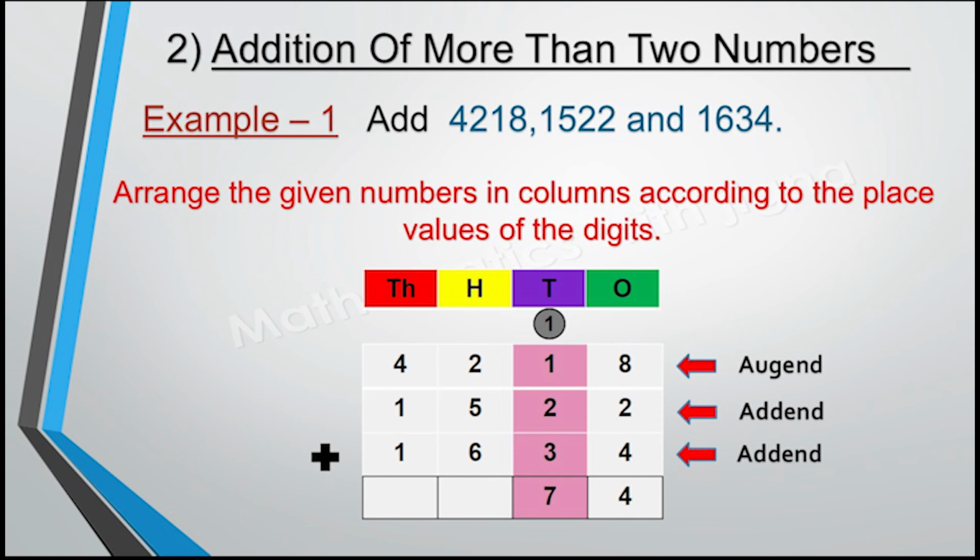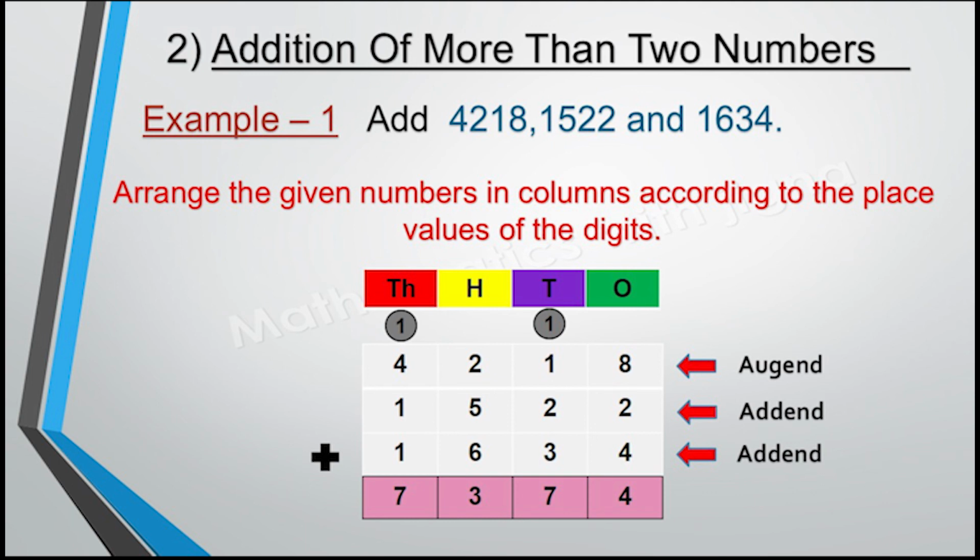Now add the hundreds. 200, 500 and 600 together, which is equal to 13. So carry over 1 to the thousands place and write 3 at the hundreds place. Finally, add the thousands. 4, 1, 1 and also add that 1 which we carried over. So we will get 7. So write 7 at the thousands place.